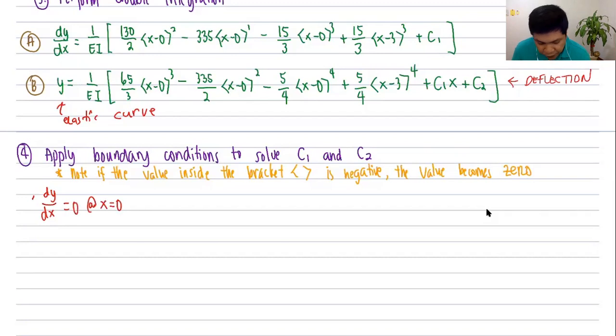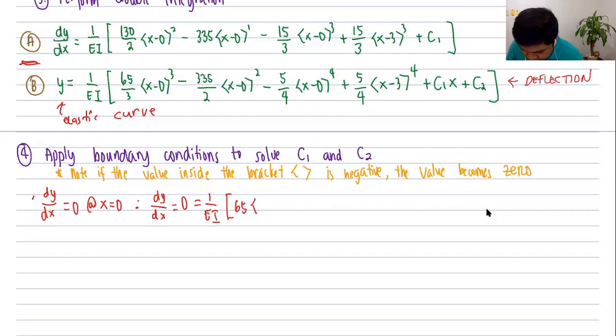Therefore, from equation A, since I'm looking at dy over dx, I can say that dy over dx is equal to 0, is equal to 1 over EI times, looking at equation A, 130 all over 2, that's 65, times x minus 0.